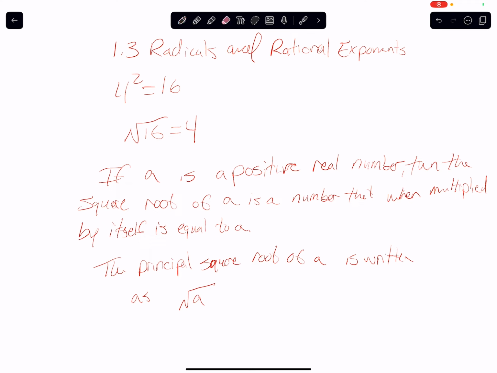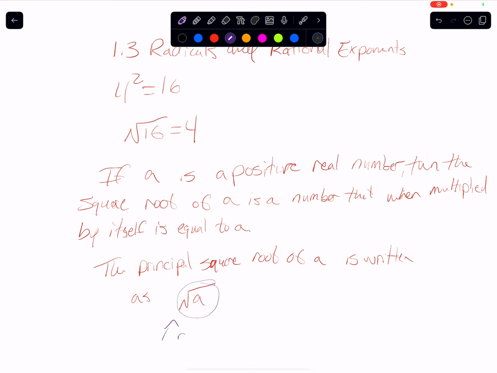Now the whole thing, this whole piece, that is the radical expression. The a, that portion, is called the radicand, and then the red bar is the radical symbol.